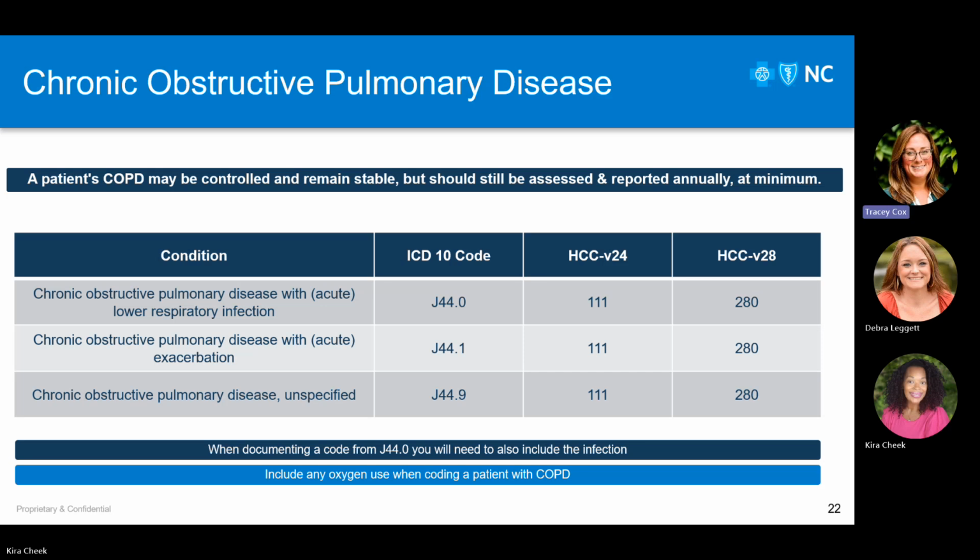When you are coding these, make sure you include any oxygen use for that patient. And as far as documentation, the provider will also need to indicate what type of infection, if that is affecting their current condition.